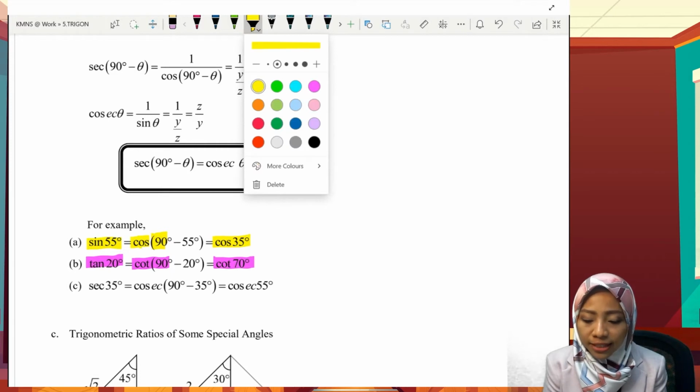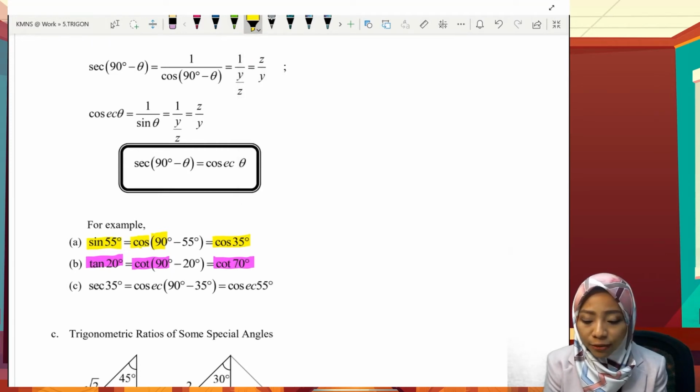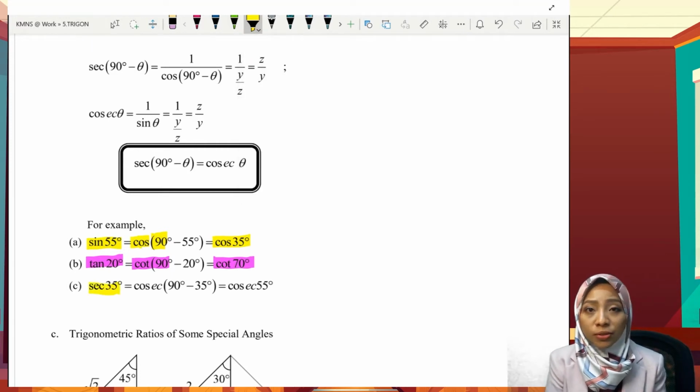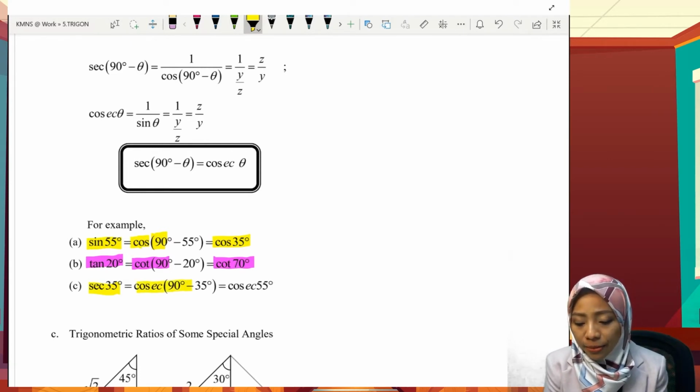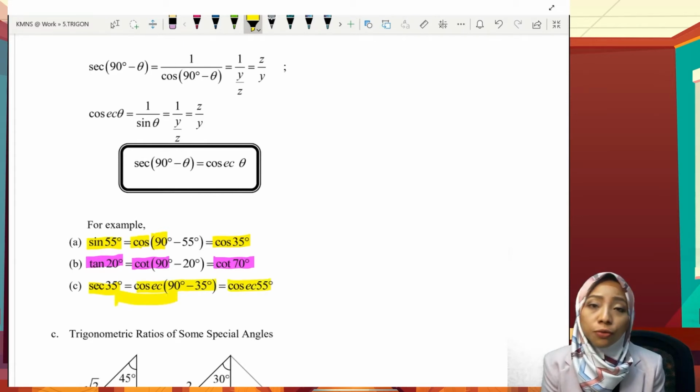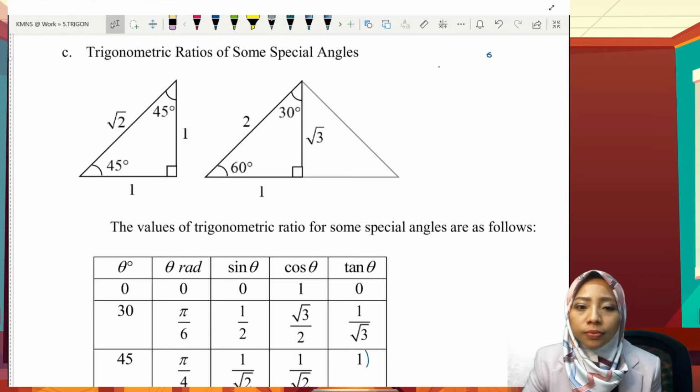And the last one, for example, secant 35, since the complementary angle is cosecant 90 minus 35, the angle just now, therefore we will get cosecant 55.